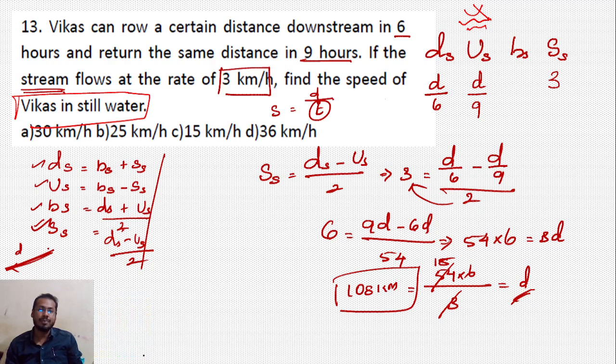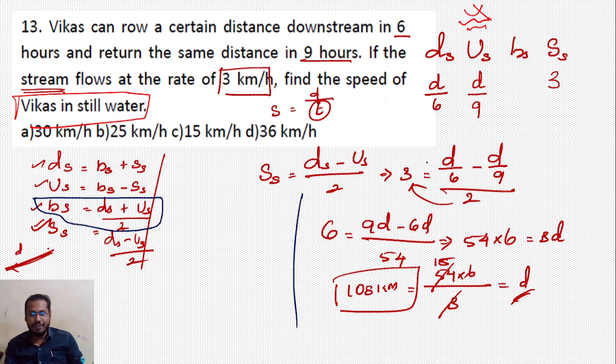What is the formula for boat speed? BS is equal to DS plus US divided by 2. We're going to find these two. Instead of d, I will write 108. Now I got d, right? So what is DS and US? 108 over 6 is 18, and for this it is 12.